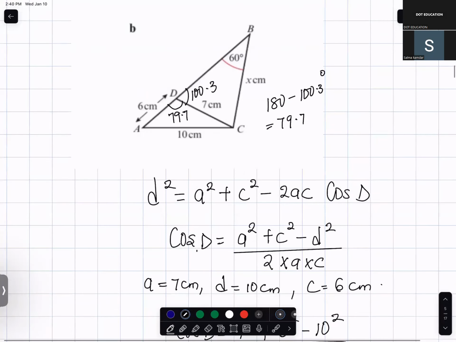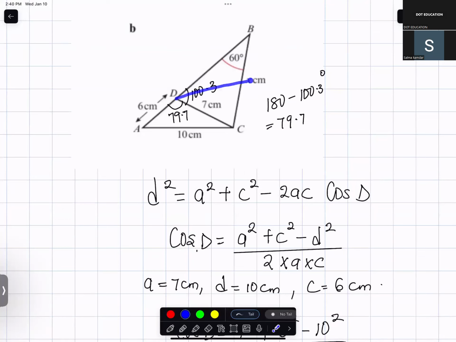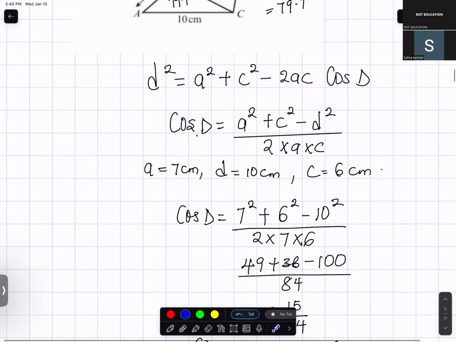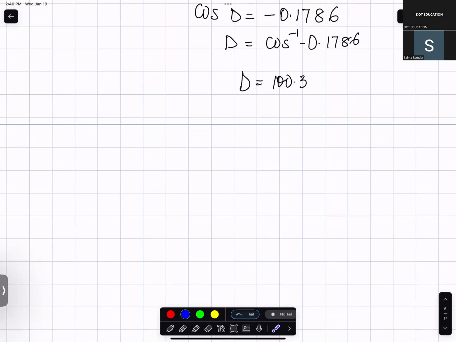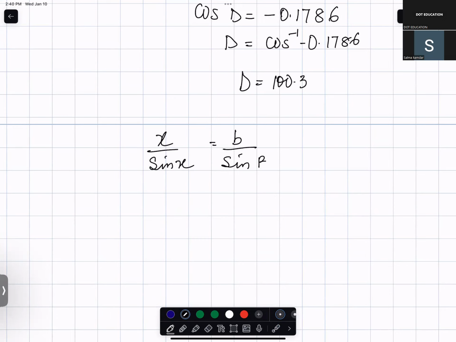So going back, we are looking for x value. So we can still apply our sine rule to find x, because this is the matching opposite to your x. And we can use our b to the matching opposite of b. So what do I have there? I have x over sine of x equals b over sine of b.